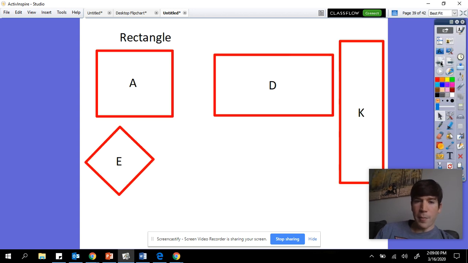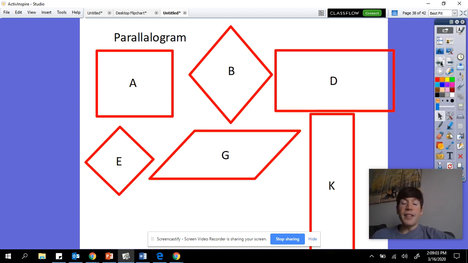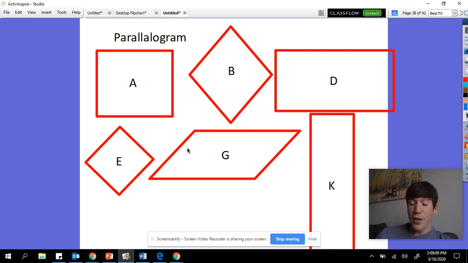So from this point, we have all of these are parallelograms. You'll notice the only parallelogram here that didn't fit into any other category is G. G is a parallelogram. We could call it a quadrilateral, 4 sides. We could call it a polygon, but we can't call it anything beyond that because it's not a rectangle. It's not a rhombus. All of the rest of these shapes we could call quadrilateral, polygon, parallelogram, and then something further than that.